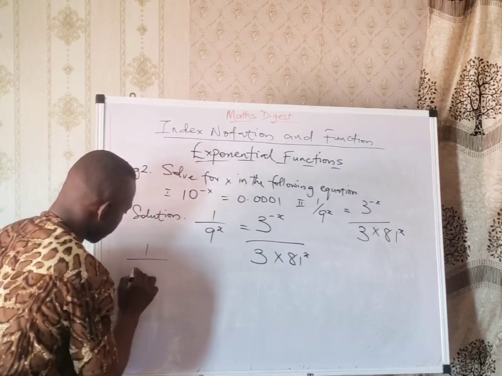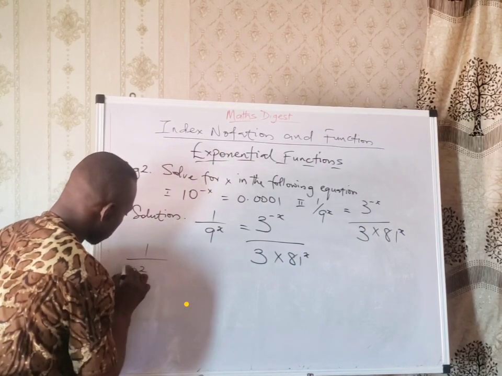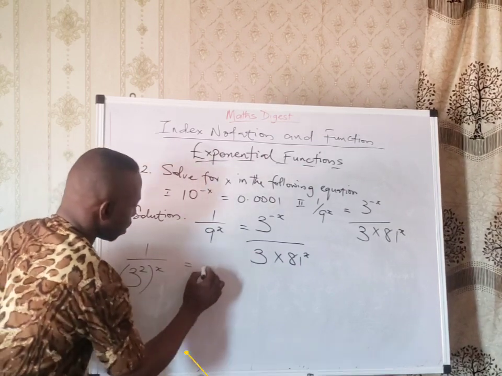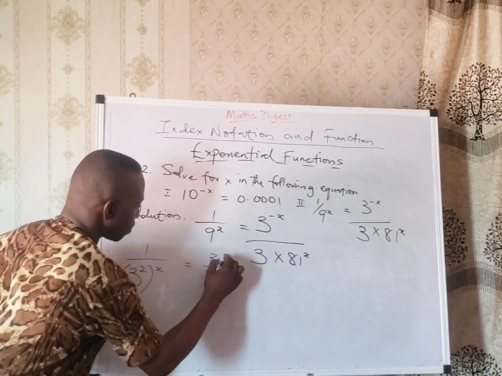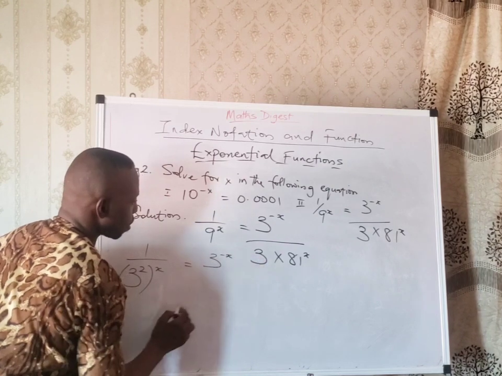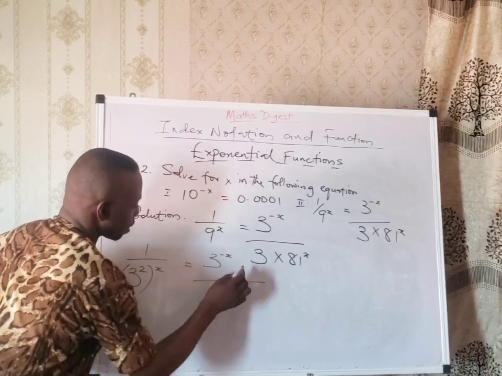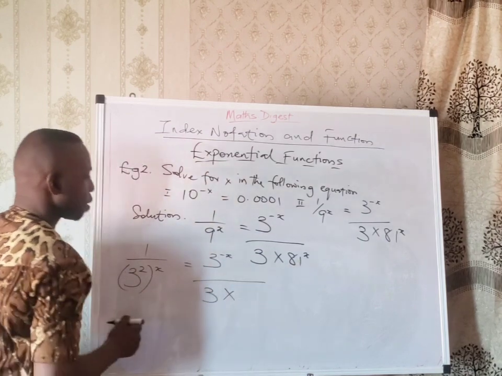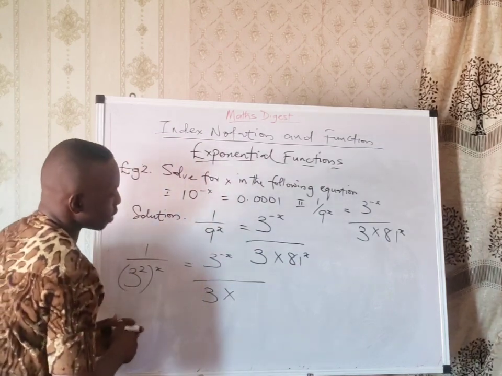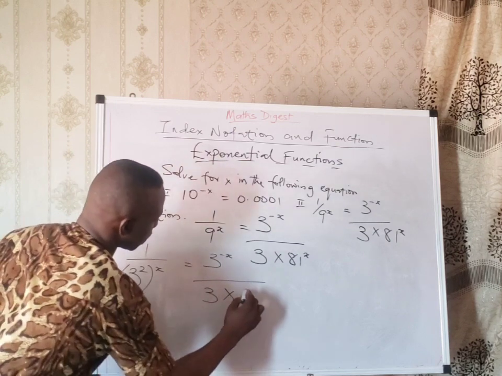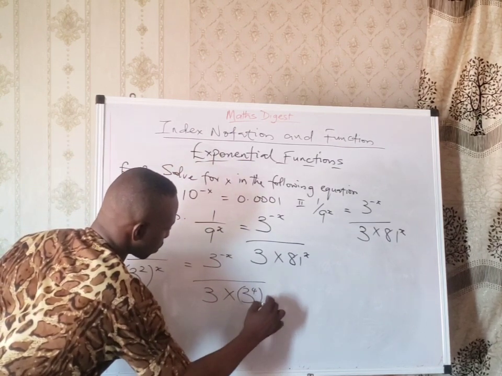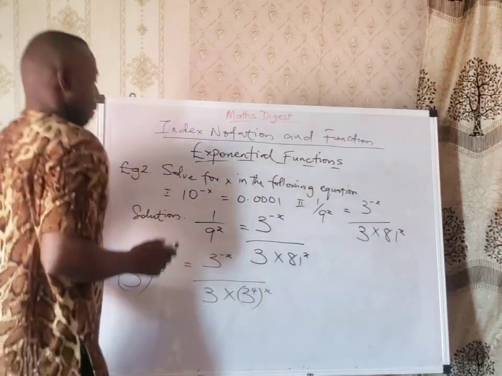We have 2, so we have 3 raised to power 2, all raised to power x, equal to 3 raised to power minus x all over 3 times, how many 3 are in 81? We have 4. So we can say 3 raised to power 4, all raised to power x.